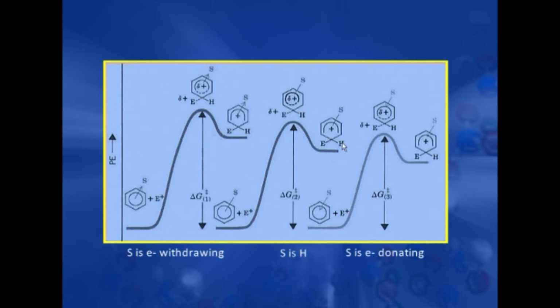Now, if we have a substituent which is electron withdrawing, then you can see there is an increase in E activation. So, due to this the rate of reaction decreases. Now, if this substituent is electron donating, then there is a decrease in E activation, due to which the rate of reaction increases.